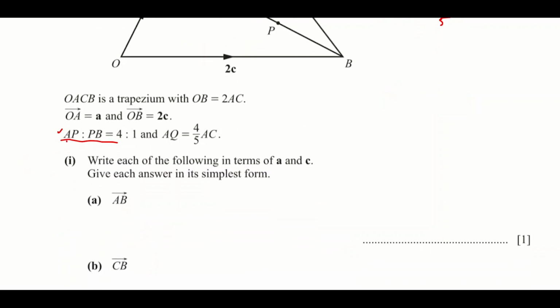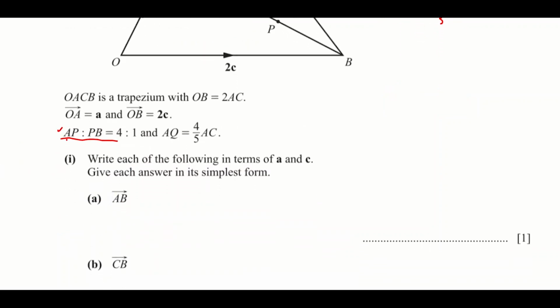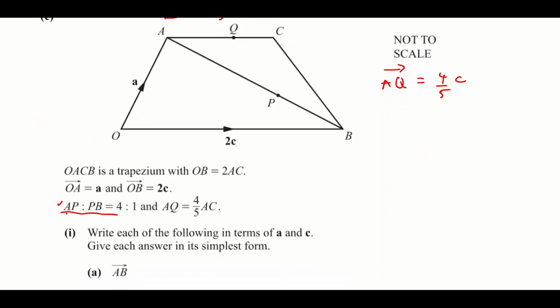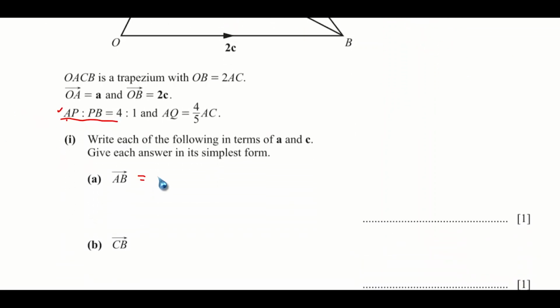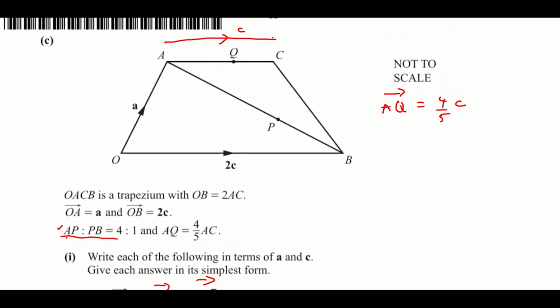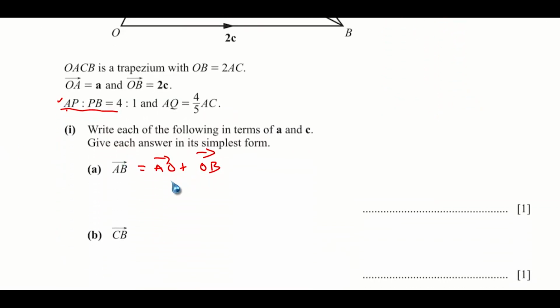So let's continue with the question. We are finding AB. So AB will be equal to AO plus OB. In this direction, we have OA to be A, so AO will be minus A, then plus OB, which is 2C.